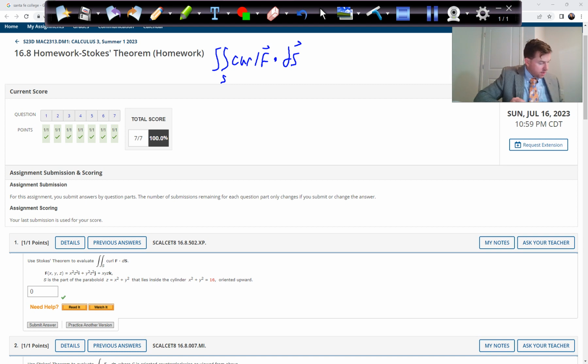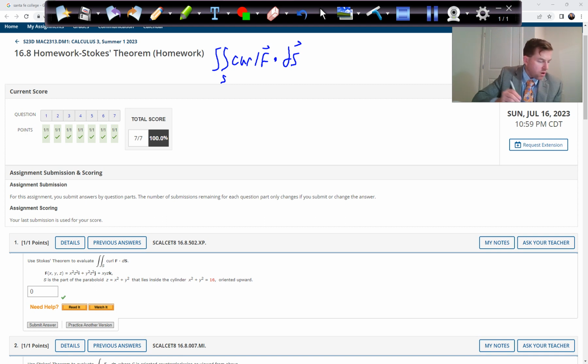Well, what this is saying is the curl of F dotted with dS can be shortcutted by the following. There are various forms we can use, and I want to make sure I use the right one.